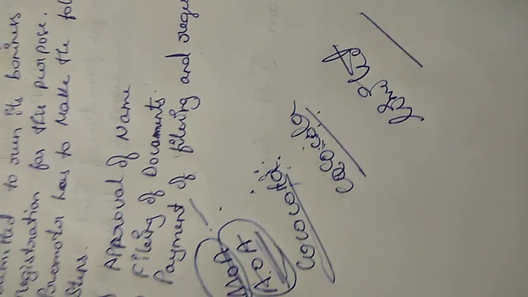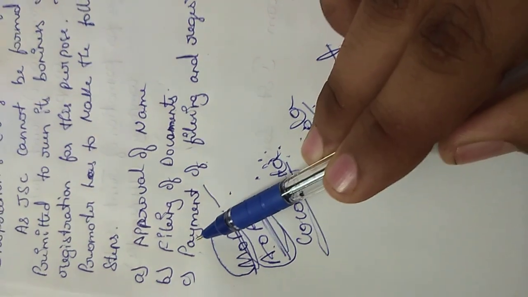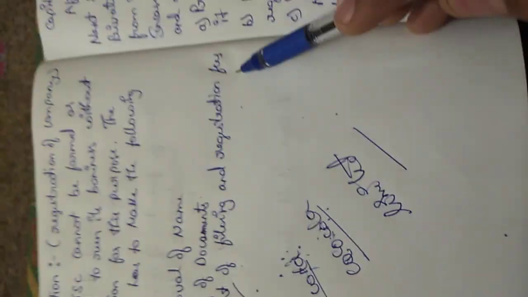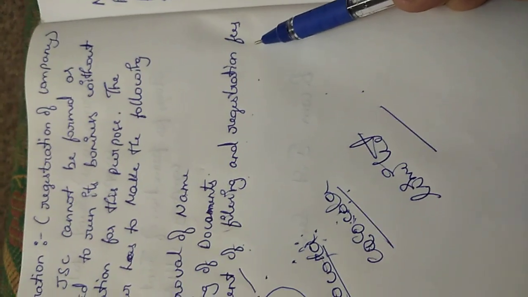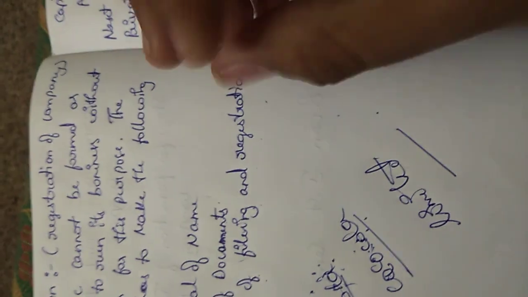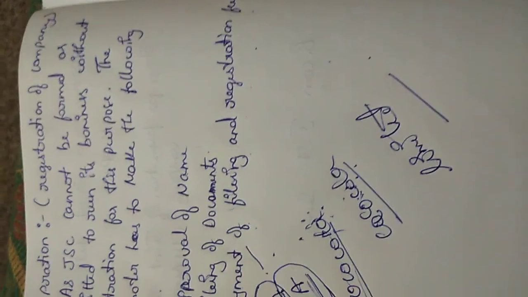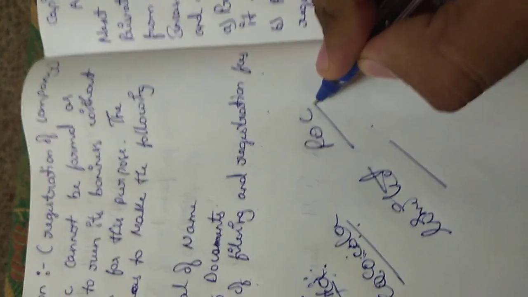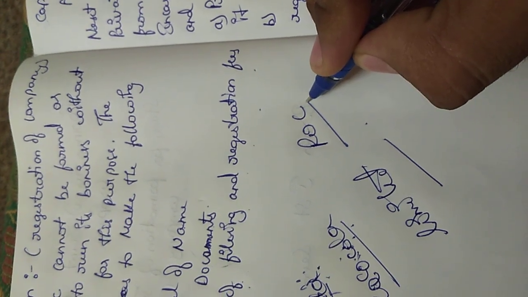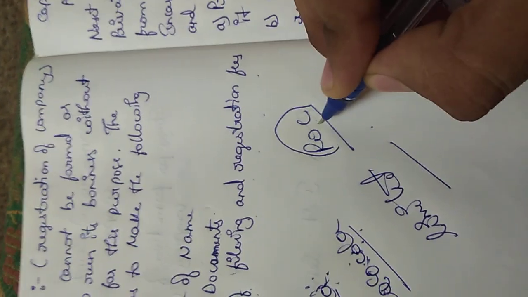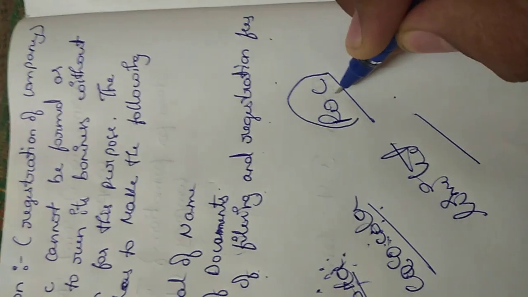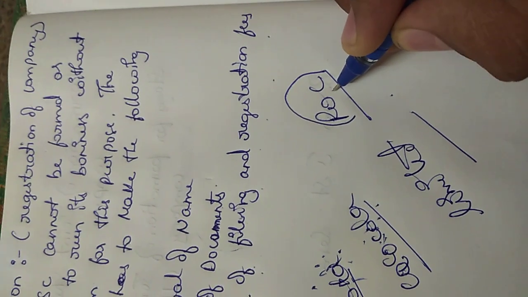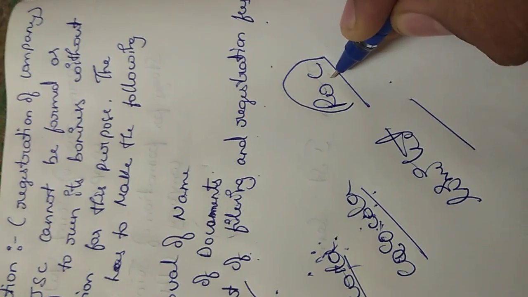filing and registration fees. Here we have to pay a certain amount of money for registration in the ROC, that is Registrar of Companies. We have to pay a certain amount for obtaining the certificate of incorporation.